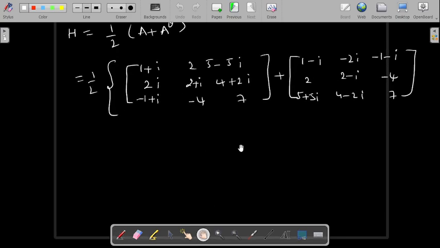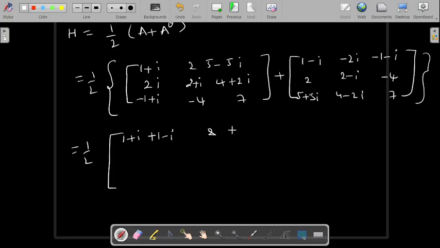Okay, next we have to add these two. 1 by 2 times: 1 plus i plus 1 minus i, this will be 2. Next 5 minus 5i plus 5 plus 5i, and minus 1 plus i plus minus 1 minus i.